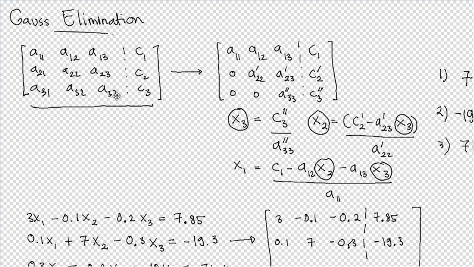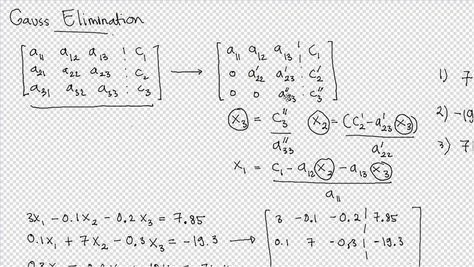What is a triangular matrix? A triangular matrix is a matrix which has 0 on one side of its triangle, and the other side of the triangle will be non-zero, and the diagonal will not be 0.